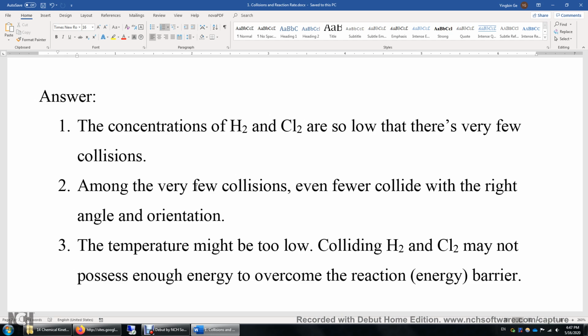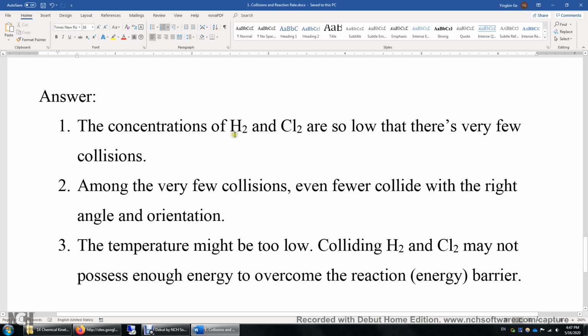It's exothermic. However, for the reaction to take place in the first place, you need to provide enough energy for these molecules to overcome the reaction barrier. So one way for this reaction to take place is to ignite it.